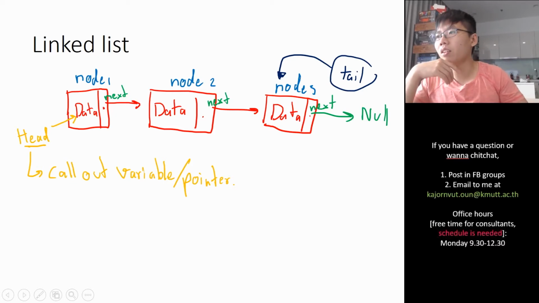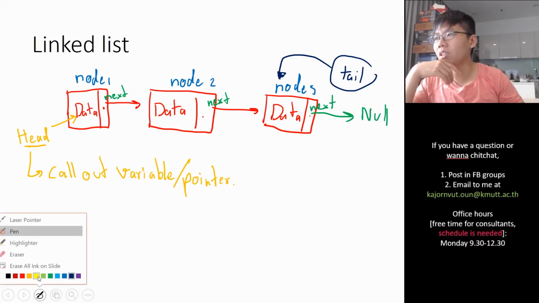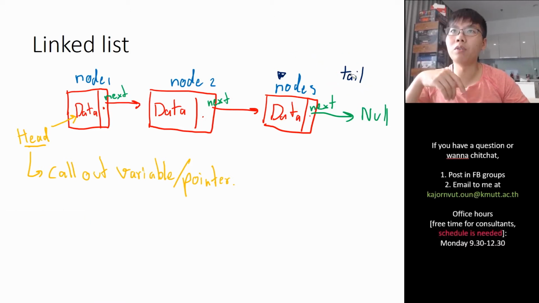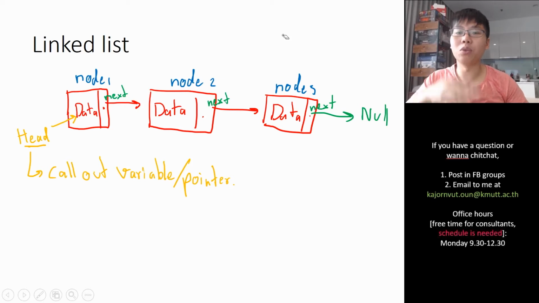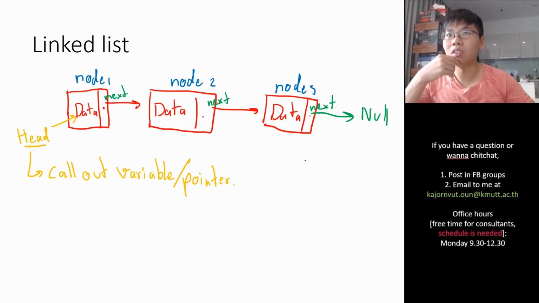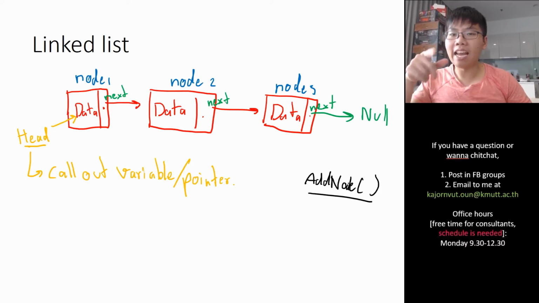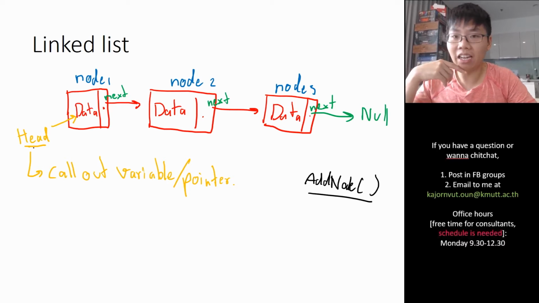Why? Think of it this way, okay? If you don't have a tail pointer, what will happen if we remove the tail pointer and we would like to add a new node? We call the function add node. How this add node works is it needs to call the pointer at head, right?